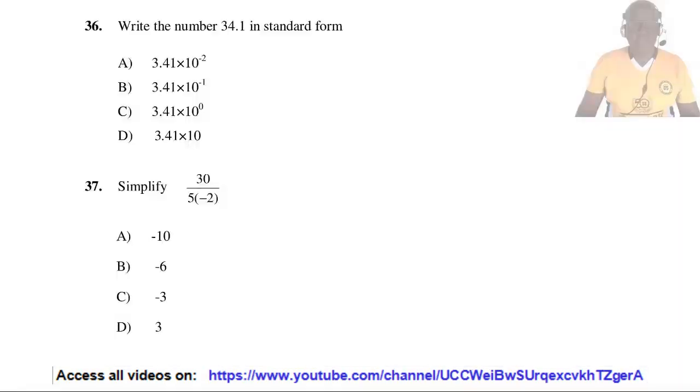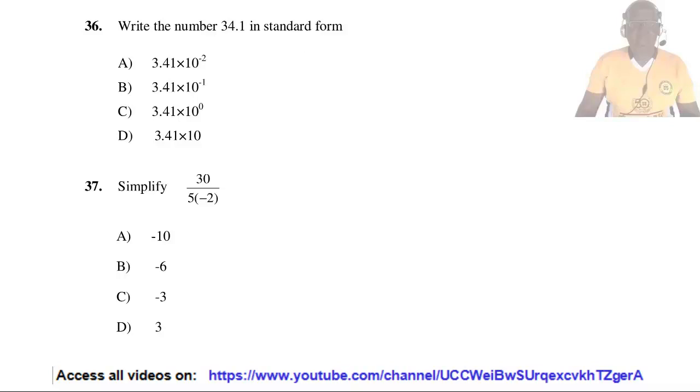Question 36. Write the number 34.1 in standard form. We are to write 34.1 in standard form. In standard form, there should be only one digit to the left of the decimal point. To achieve that, we have to shift the decimal point one place, and this is equivalent to dividing 34.1 by 10.